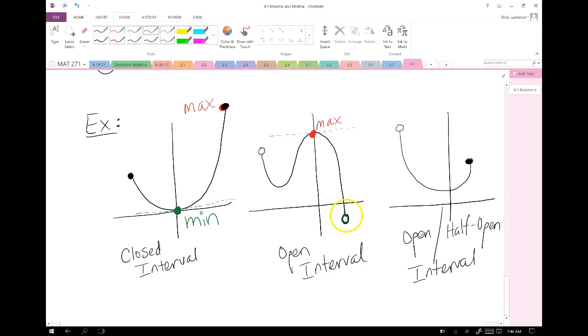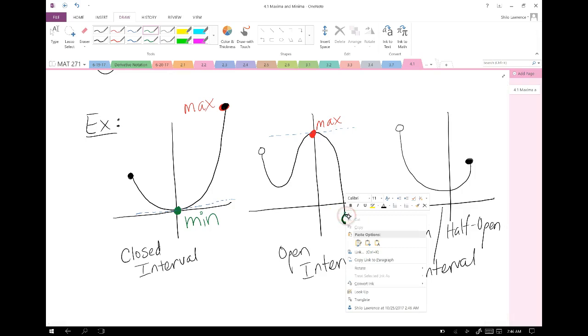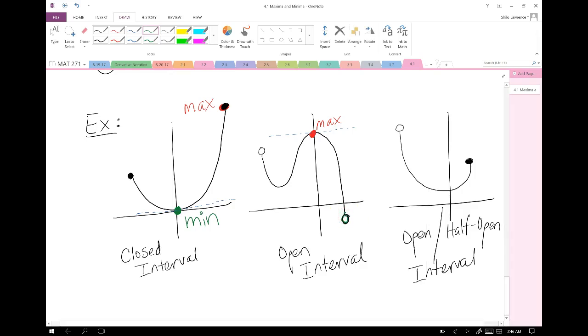So technically, it's not possible to come up with the point that is immediately preceding this point and use that as our min. So we just say there is no min. Based on the way the graph is drawn, it looks like it should be here, but it's an open circle, which means we can't use it.